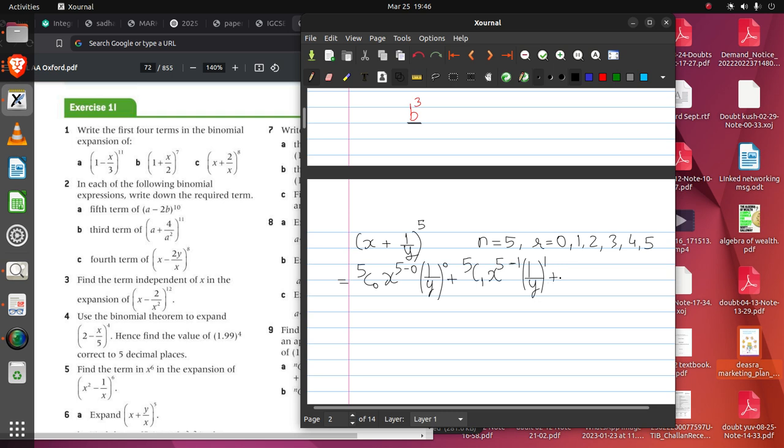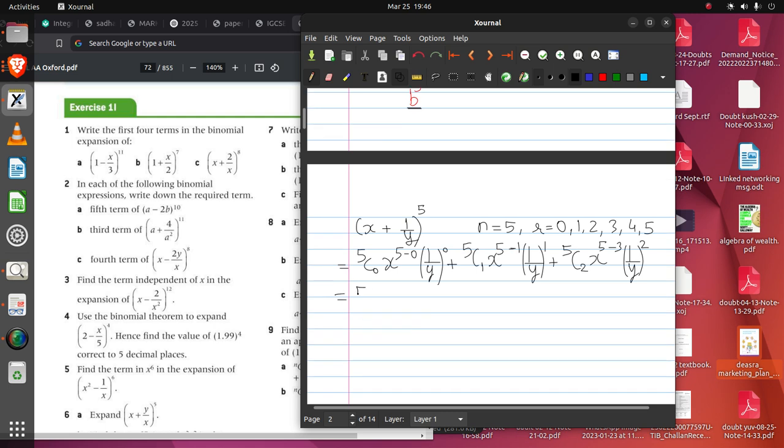Similarly, the third term. So this is how you simply apply the formula to get the first few terms of the expansion. If I write 5c0, it's 1, not 5, then x raised to 5. 1 upon y raised to 0 is just 1, so I'm not writing it. 5c1 is going to be 5, so x raised to 4 into 1 upon y.